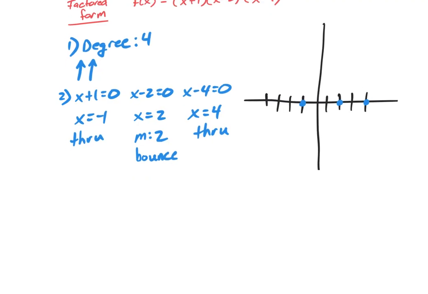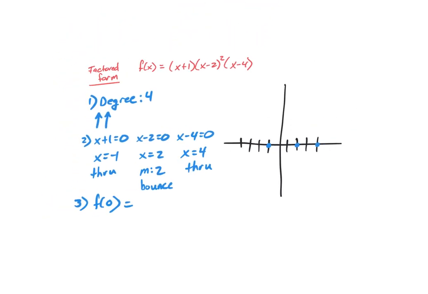Okay, and so now let's do the y-intercept. And you could do this off of your calculator. But we're going to take 0 and plug it in. This one's not quite as easy as the last one. There's some things that are good, some things that are not so good. When I take 0 and plug it in here, 0 plus 1 is 1. 0 minus 2 is -2, but then I have to square it, which is 4.